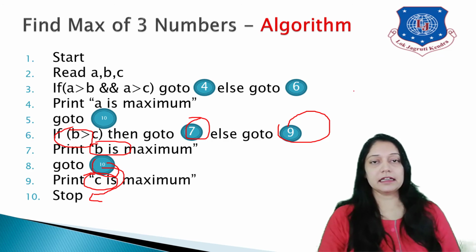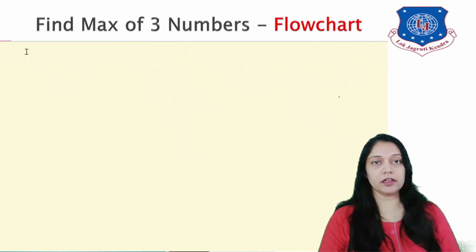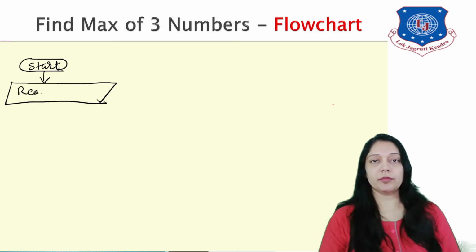Now let's see the next one, that is to draw the flowchart of this particular problem. So first we are going to start, of course, with the start symbol. Then we'll read 3 values. For that, use the input symbol, and inside it write read A, B, C. Do not forget arrows.